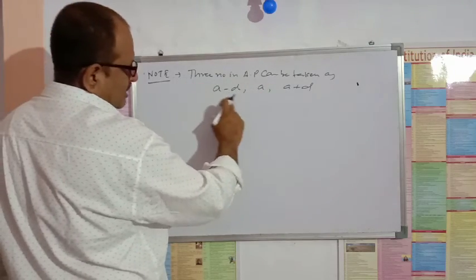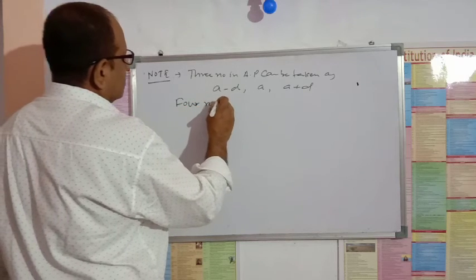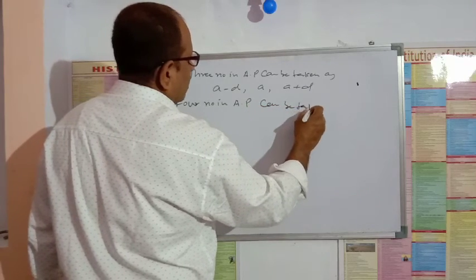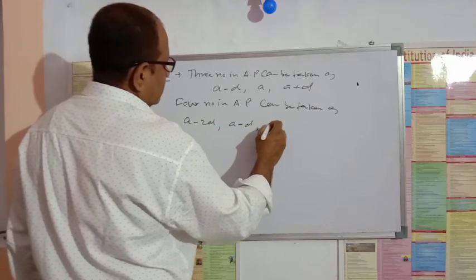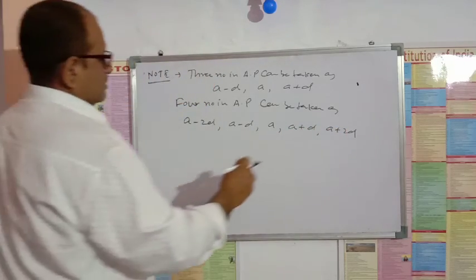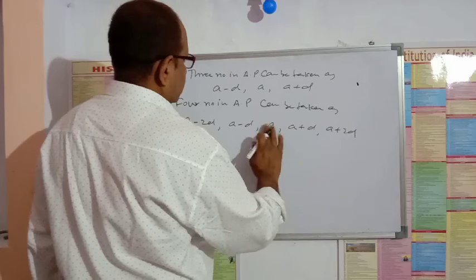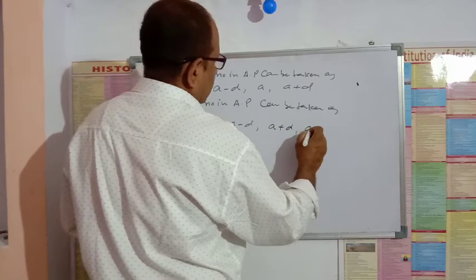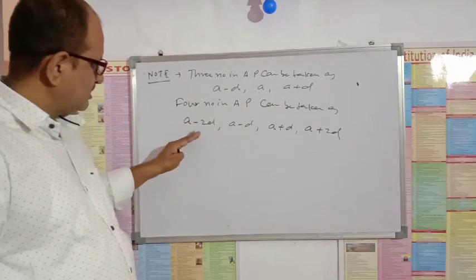So 3 numbers in AP can be taken as above. 4 numbers in AP can be taken as a minus 3d, a minus d, a plus d, a plus 3d. 4 numbers in AP we can suppose like this.